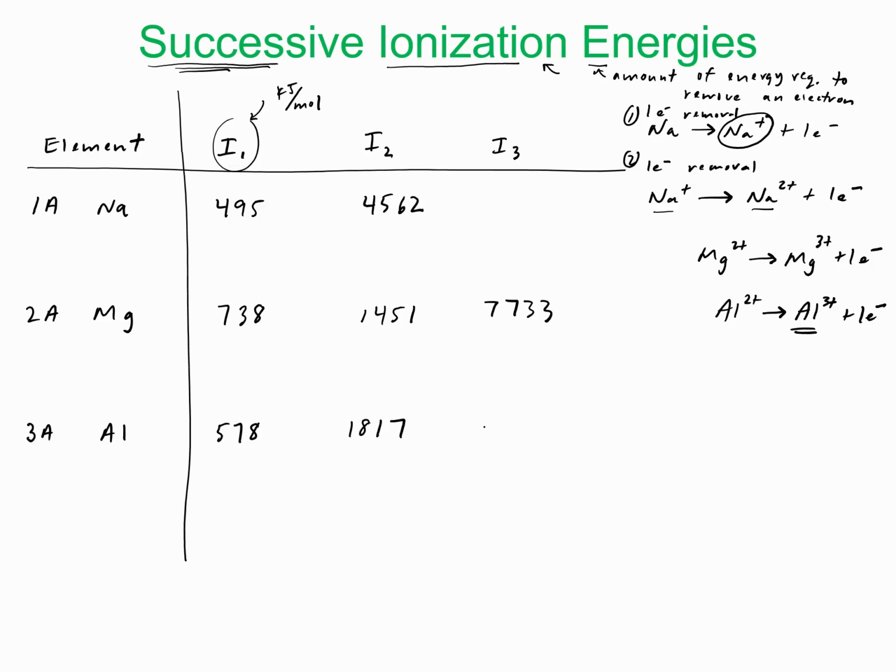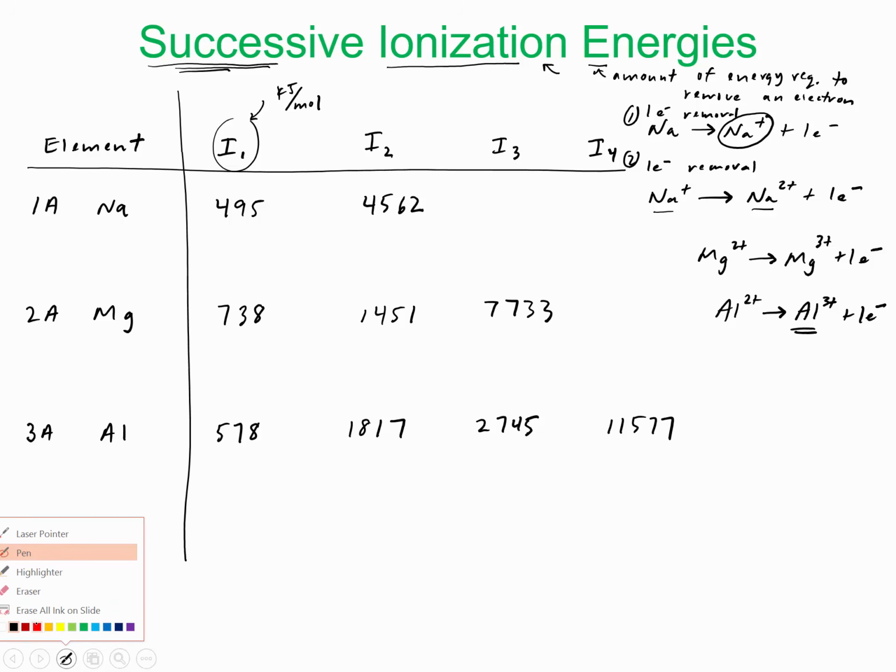That one will cost you 2,745 kilojoules per mole. If we try to remove the fourth electron from aluminum, it's going to cost you a whopping 11,577 kilojoules.